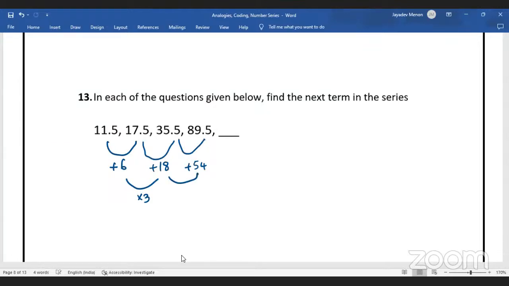Now 18 into 3, 54. So the next term which should be added should be 54 into 3.